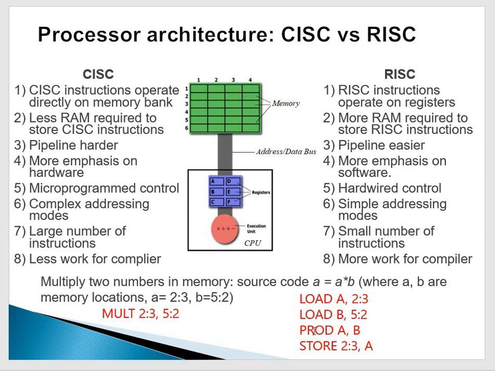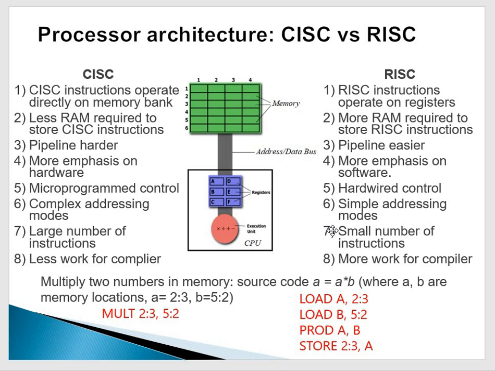And this one does fetching and execution. But in the CISC case, it has to fetch, read one word, then read a second word, then execute, then write the result. So it has to perform many operations within a single instruction. That is why pipelining in this case is difficult as compared to the RISC processor.